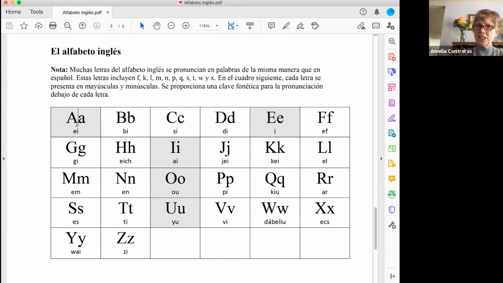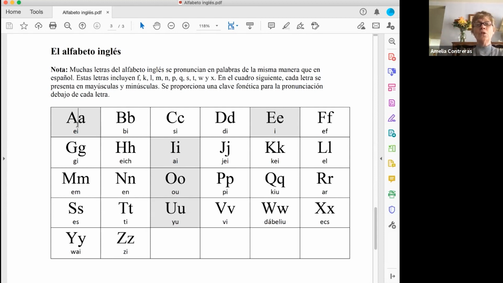In Spanish, each vowel has one sound. In English, as taught traditionally in elementary school, vowels have two sounds. One is long and one is short.